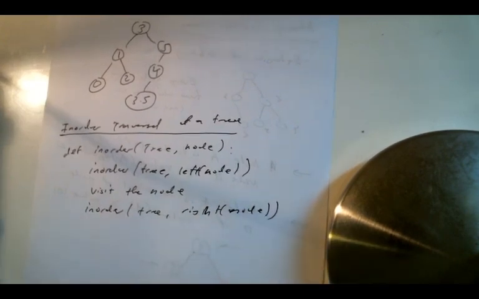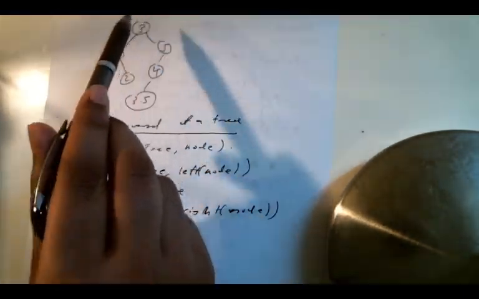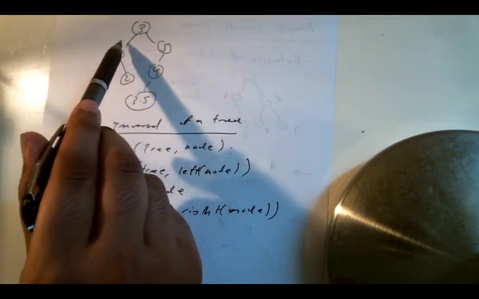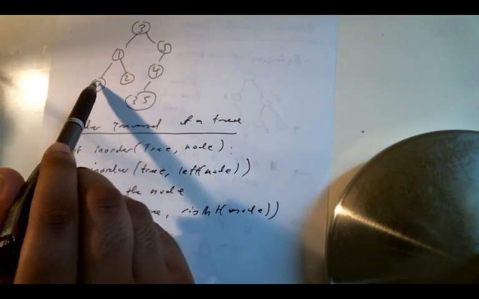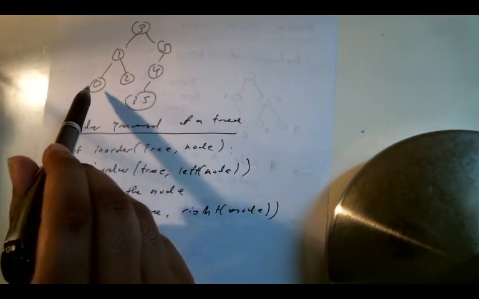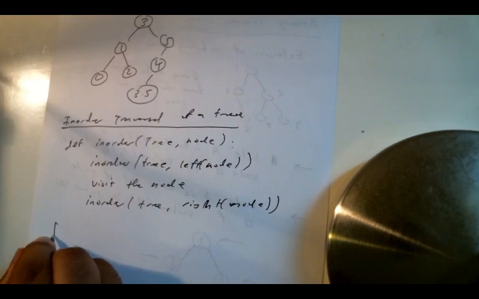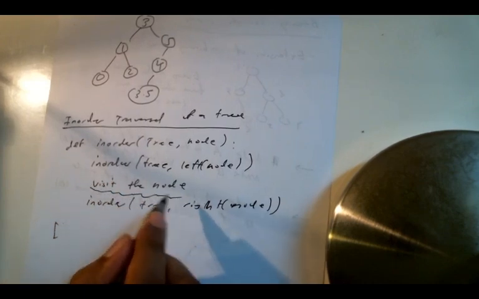Okay, so what do I mean by this? Let's say I have my tree, which is here. First, I have 3, but I call in-order on the left of 3, which is 1. So I'll visit the left subtree of 1, which is 0. 0 doesn't have a left subtree, so I'm going to write it down, which is the second step, visit the node.